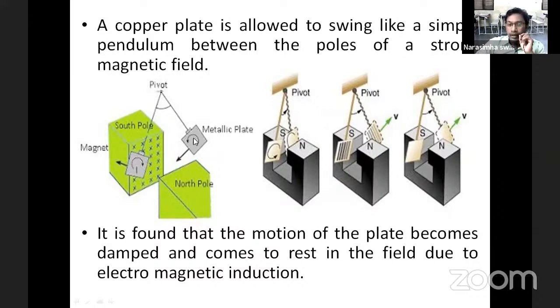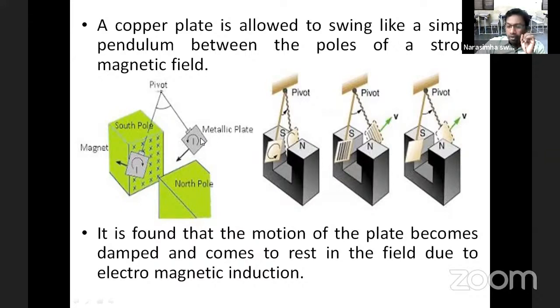I am repeating: the metallic plate is very far from the magnetic field. Now it is thrown into the magnetic field, then the lines of force entering the metallic plate change, which is nothing but a change in flux. Whenever there is a change in flux, the current will be induced. Inside the metallic plate there are many free electrons, as I told you.